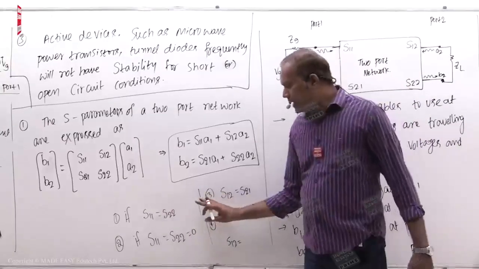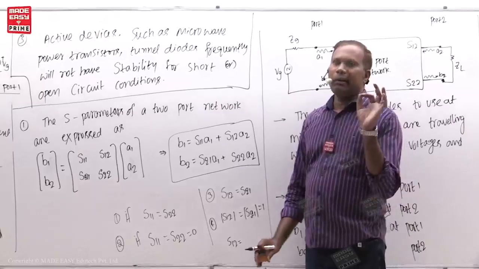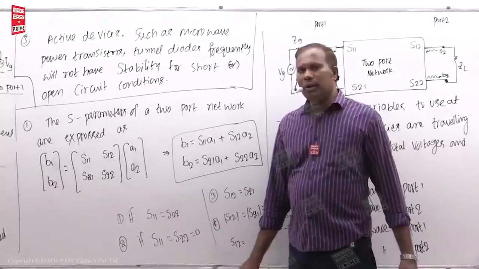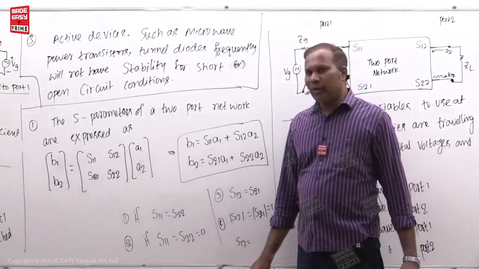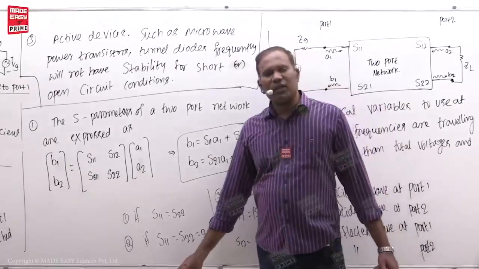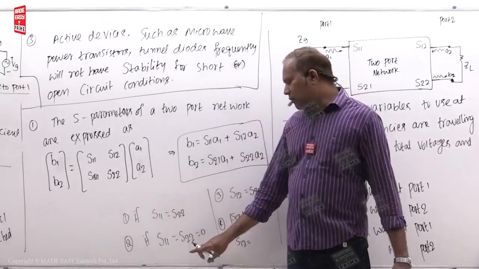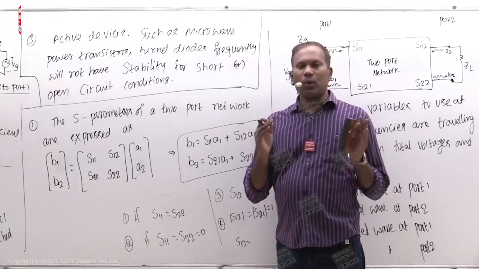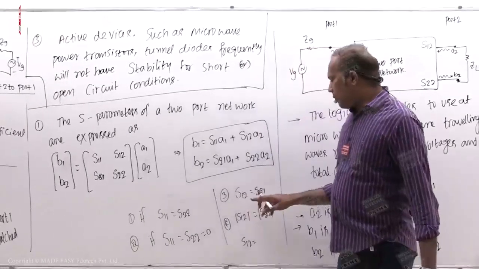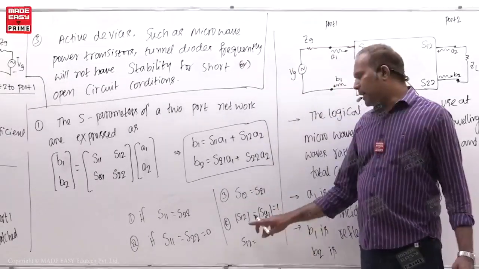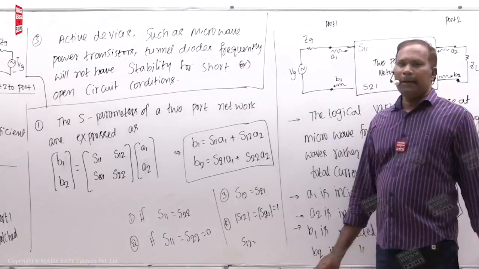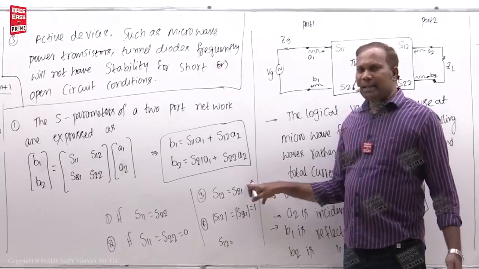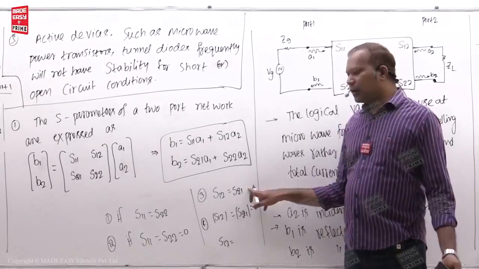Now there are 4 questions here. For any network, after solving the S parameters, you got S11 is equal to S22, then that network is a symmetric network. Similarly, if you got S11 is equal to S22 is equal to 0, that means for that network, port 1 and port 2 are matched. Then if you got S12 is equal to S21, that means it is a reciprocal network. Is it lossless? Nothing can be said because that value is not known to us.